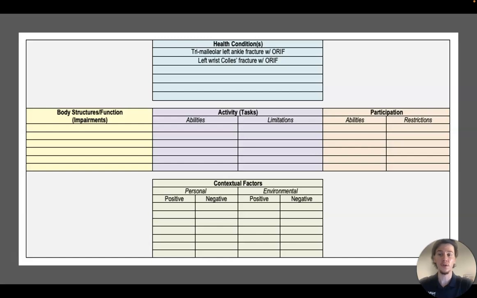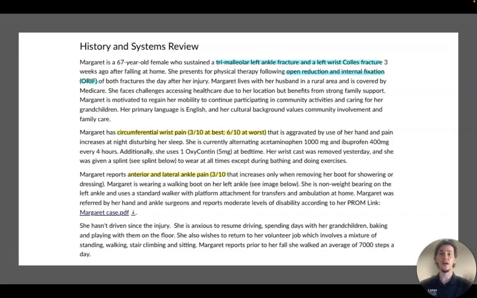And then next we'll go into body structures and functions and the impairments she has with those. So in this short summary of the case here, the only body function and structure impairments that are presented to us are her wrist and ankle pain. There are many more impairments at the body structure and function level in Margaret's case, which are not presented to us here.